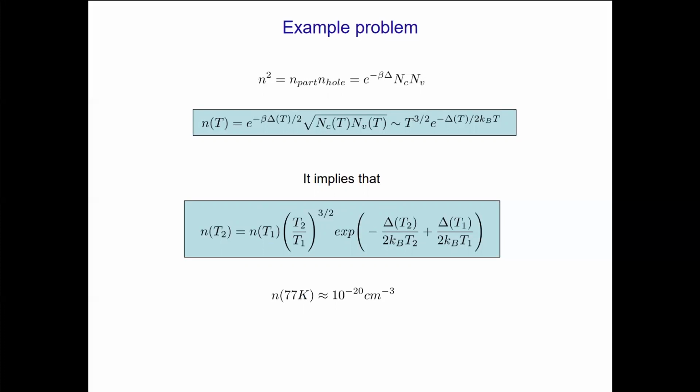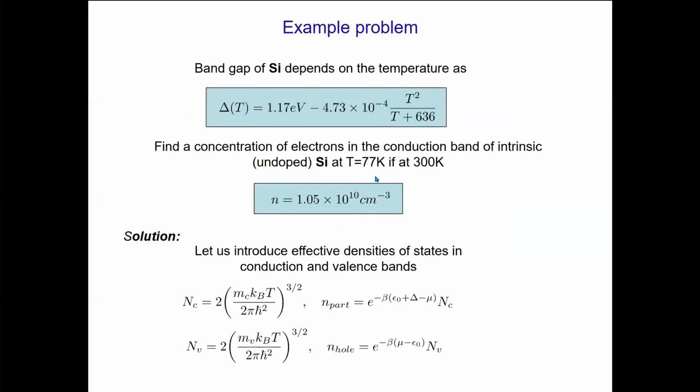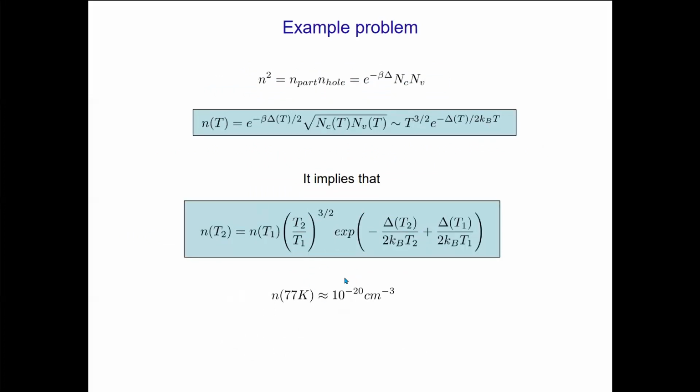So once we lower the temperature by 200 degrees, silicon from a natural semiconductor becomes a full insulator. So at low temperatures, silicon is not really useful as a semiconductor. So this is basically the end of the lecture on Fermi gas.